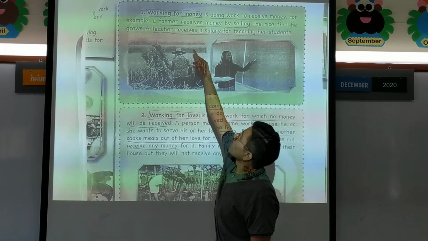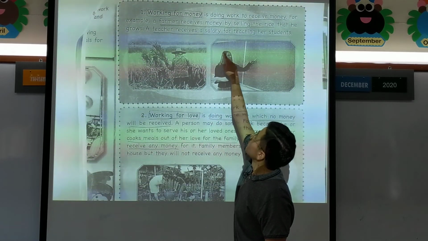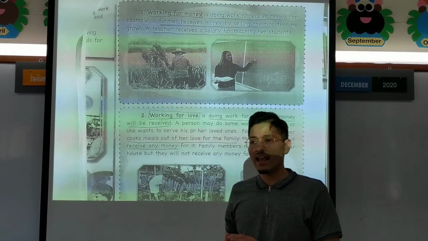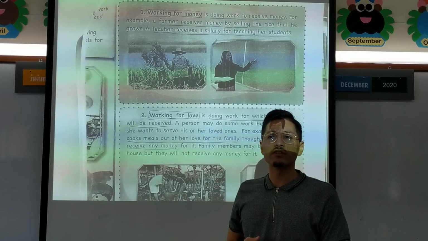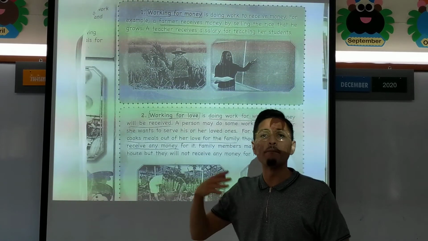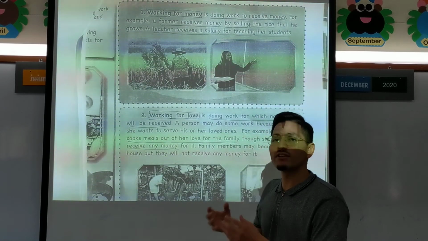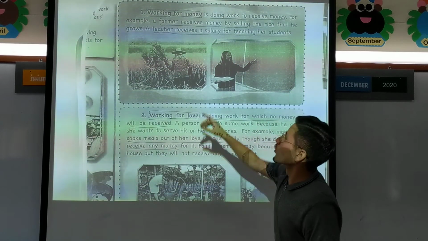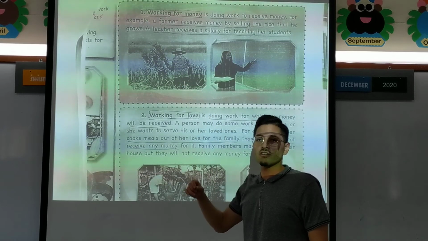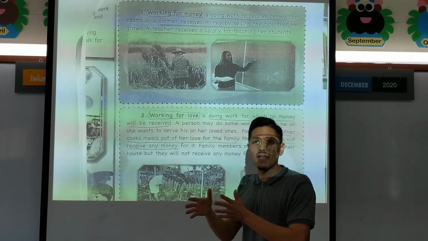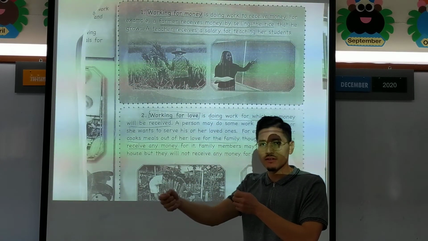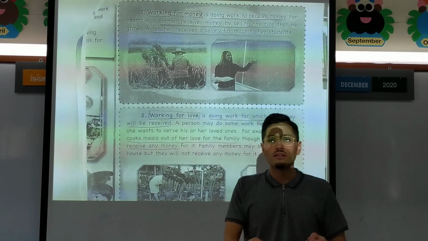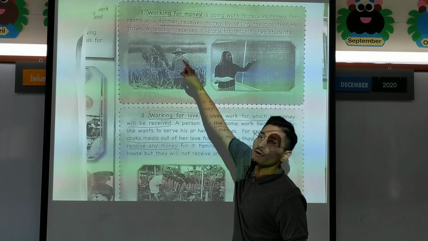Example, a farmer receives money by selling the rice, or maybe he sells the eggs, or maybe he sells the meat or the milk. So he receives money for the work he does, okay? So working for money. The doctor, he works, he helps the patient, but he gets paid money. The teacher teaches, and they get paid money. That's one way, working for money.